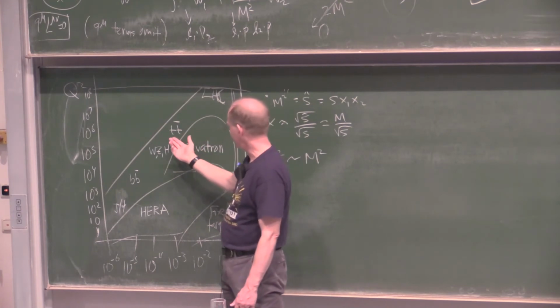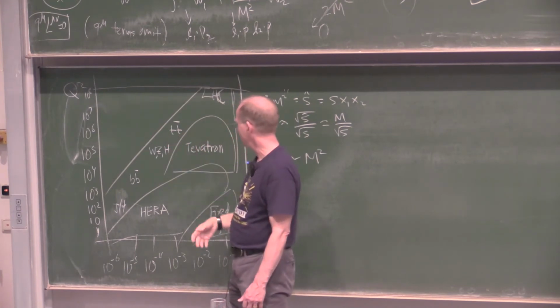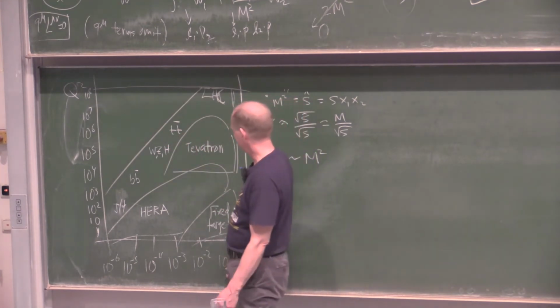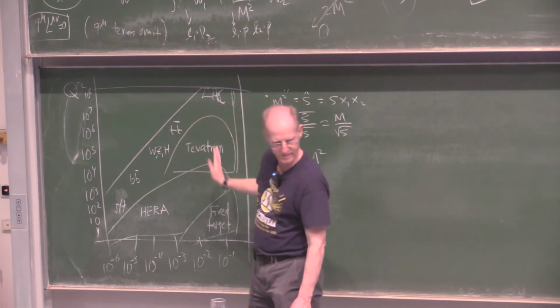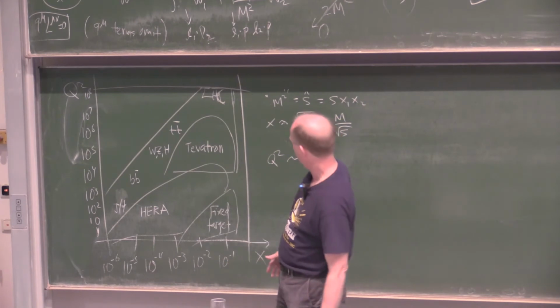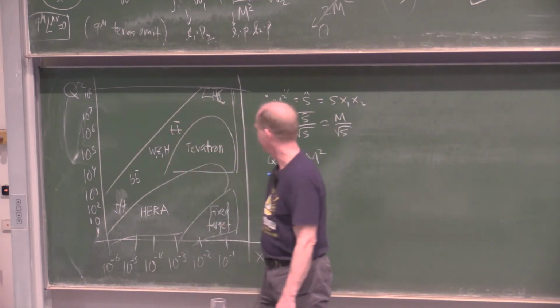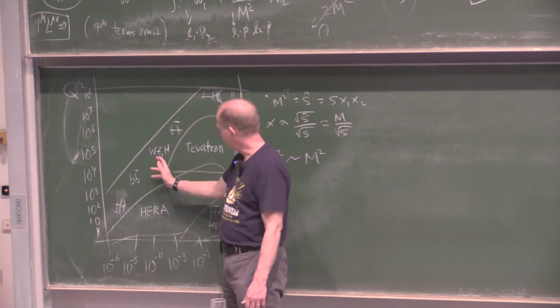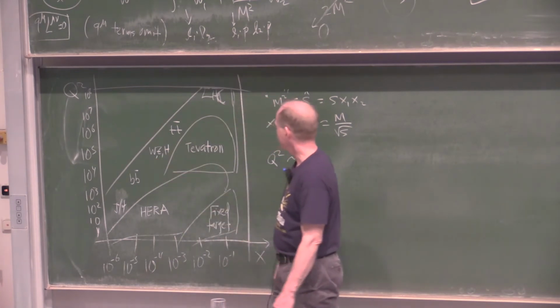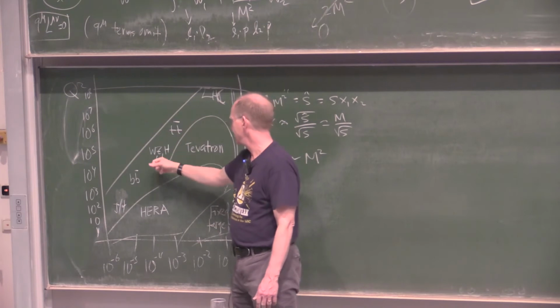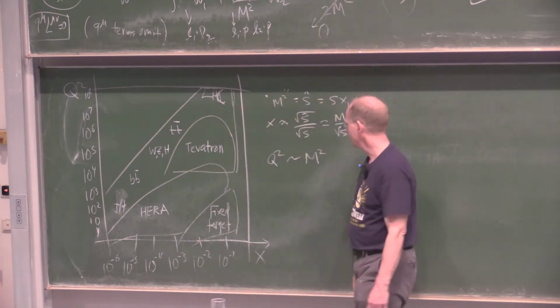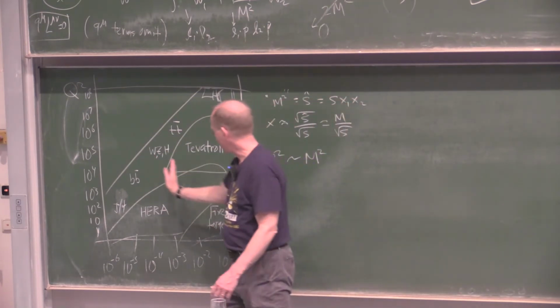So for example, the LHC has 14,000 GeV center of mass, and t t-bar is 400 GeV. So that's somewhere around, maybe it was supposed to be 10 to the minus 2. Anyway, when you go to something smaller, where the mass is about 3 or 4 times smaller than the mass here, then you get somewhat smaller values of x.